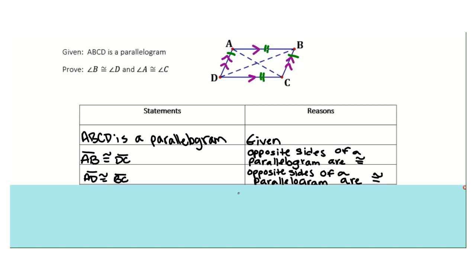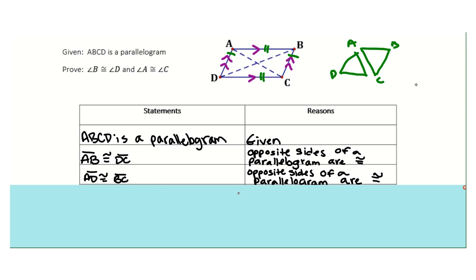So now I have a couple different triangles, right? If I draw them off to the side, it might help. So this is triangle ABC, and that goes with triangle ACD.